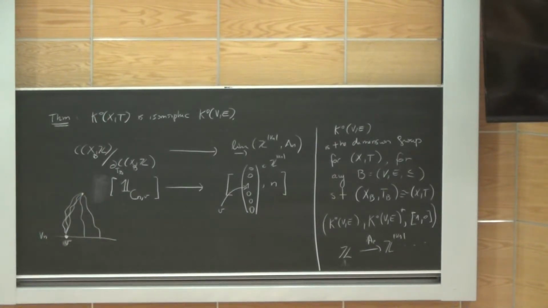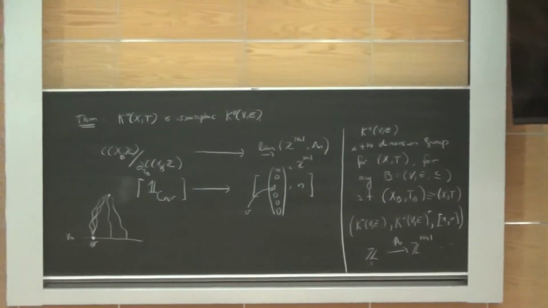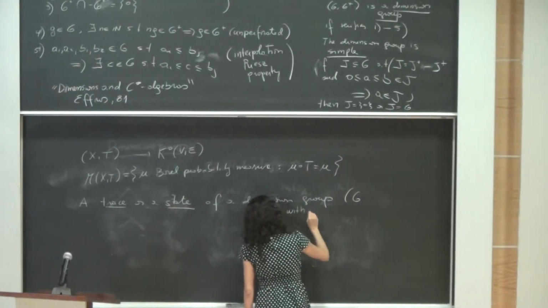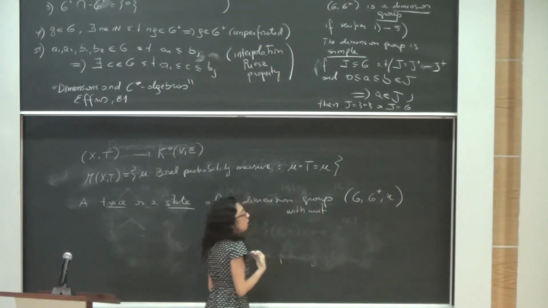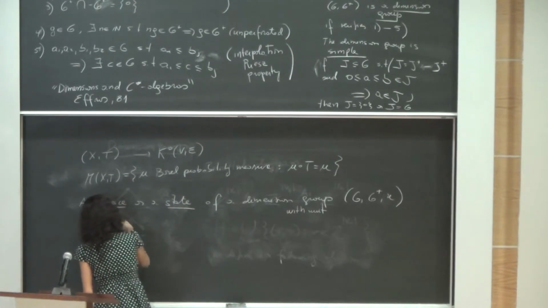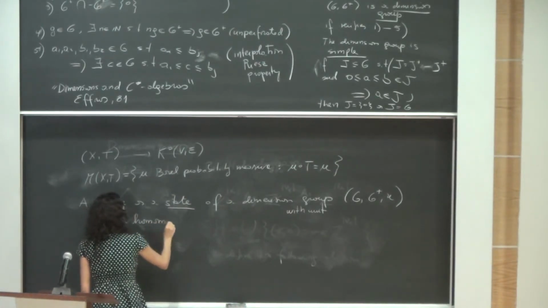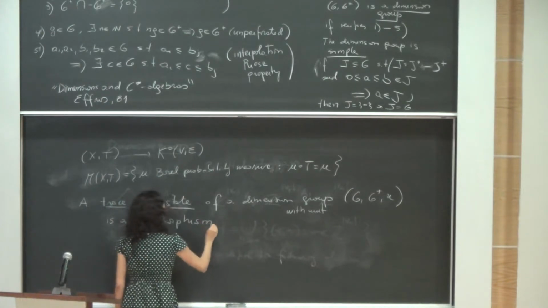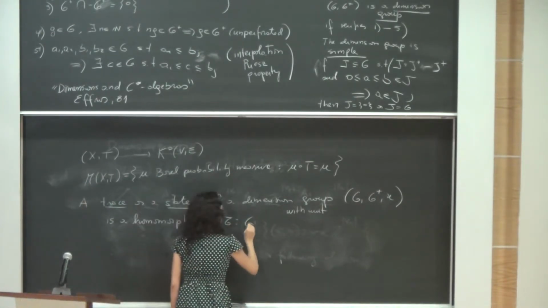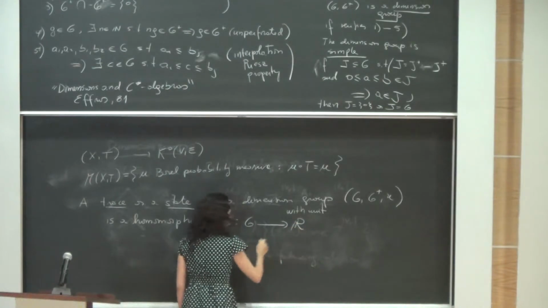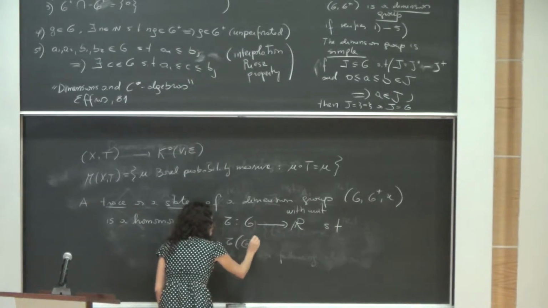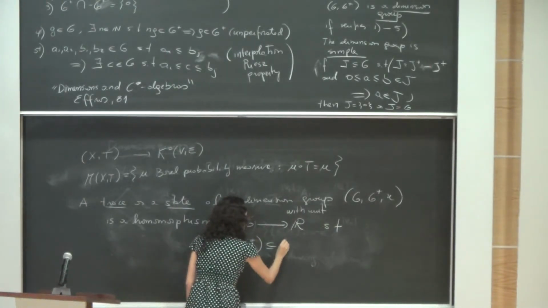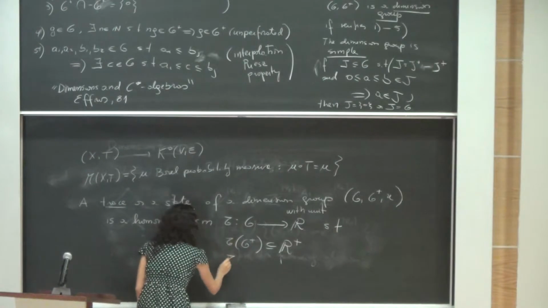So when we have this, a trace or a state of a dimension group with unit will be a homomorphism from the group G to the reals such that the positive cone goes to the positive reals and the unit goes to 1.